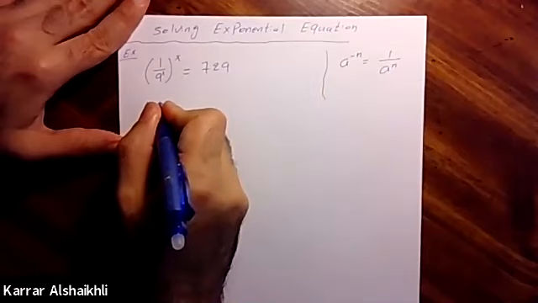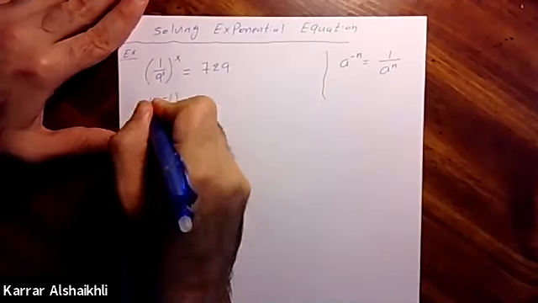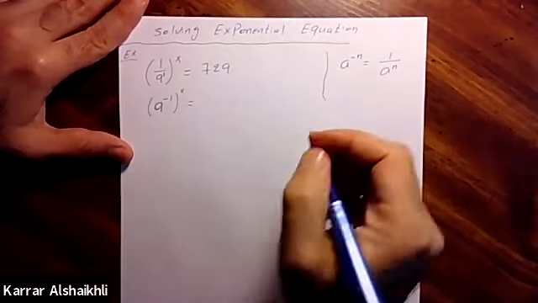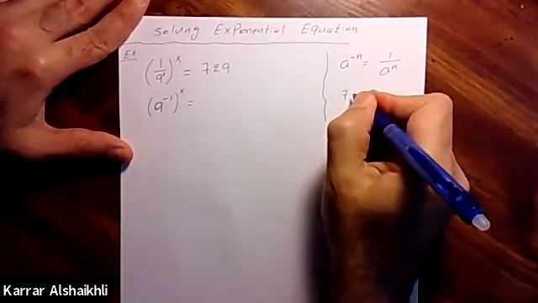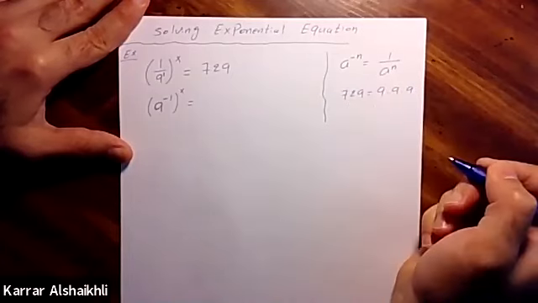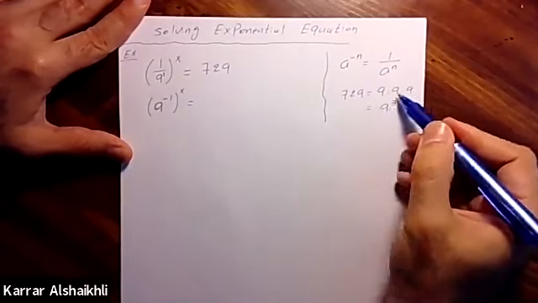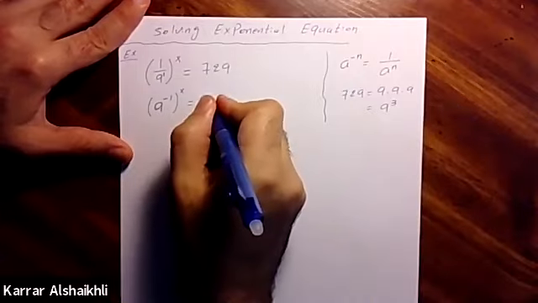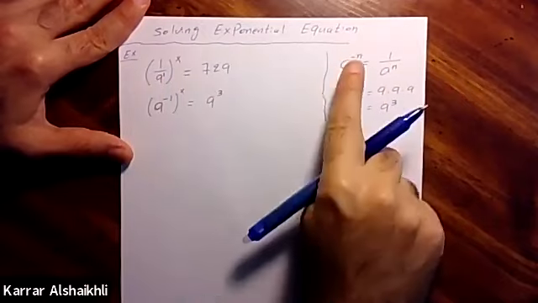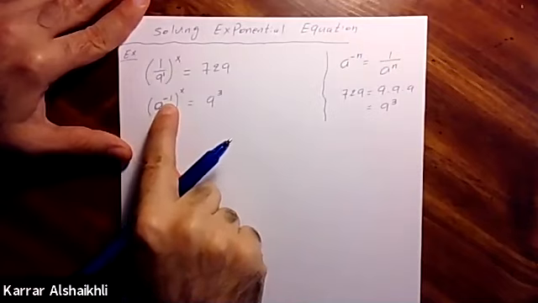So I'm going to write 9 to the negative exponent, and here is x equals 729. 729 is 9 times 9 times 9, so it's 9 cubed. So 729, I can write as 9 cubed. You see, I used this rule here. I just bring the 9 to the top and I change the exponent to negative.